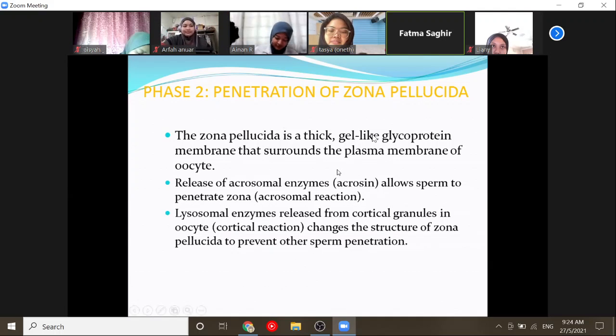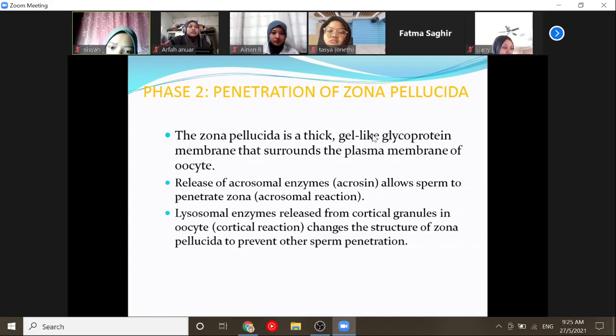So we have steps. What we already know, Aisha, is how the sperm moves to reach the oocyte. Where is the oocyte? Better to say the normal site of fertilization, because the oocyte will not wait there forever.